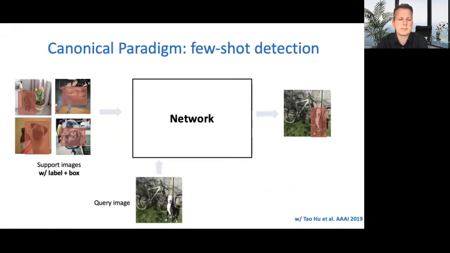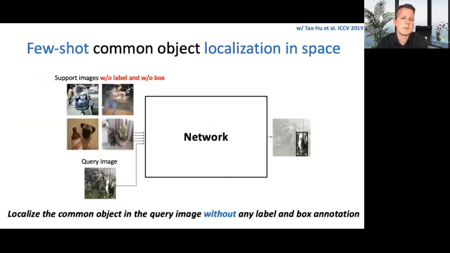What is needed then is that support images are provided not only with the class label, but also with the bounding box around the object. Then one can train a network that will predict the class label and also the box around the object in the query image. Together with Tao Hu and co-authors from my team, we proposed few-shot common object localization in space.